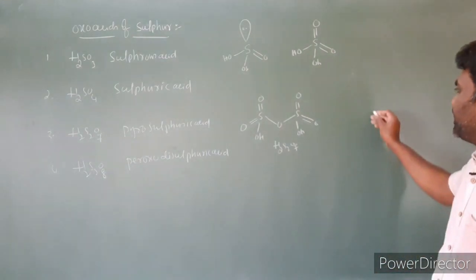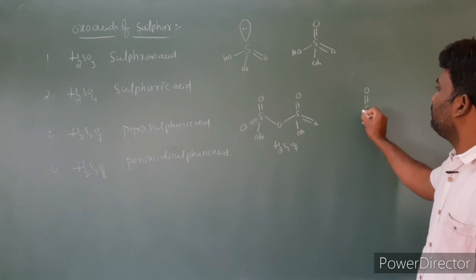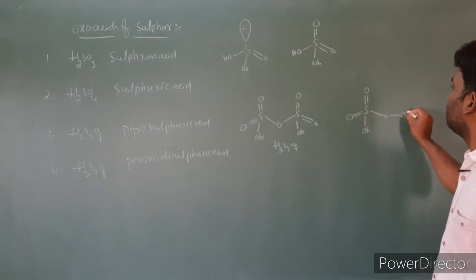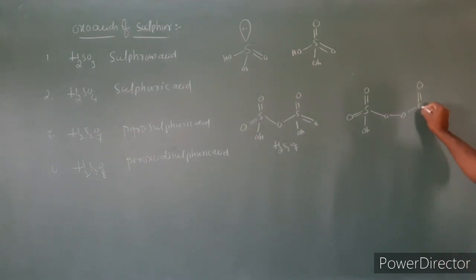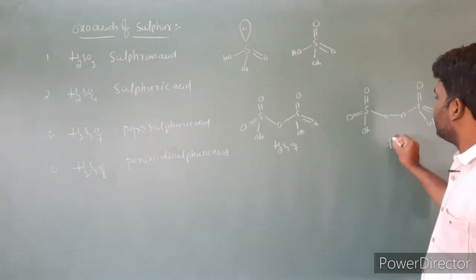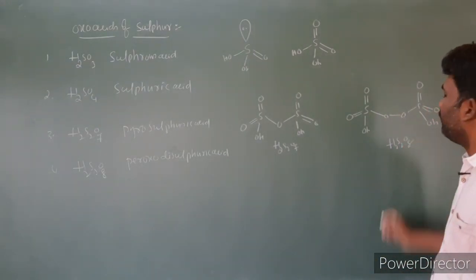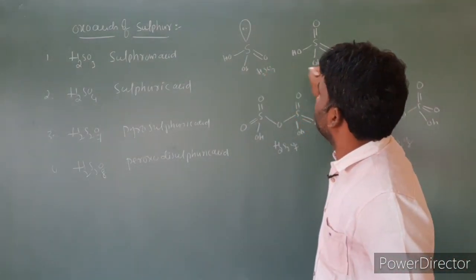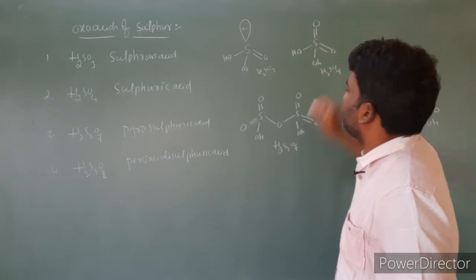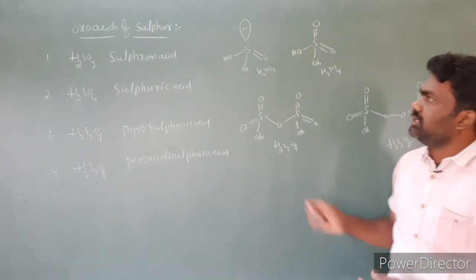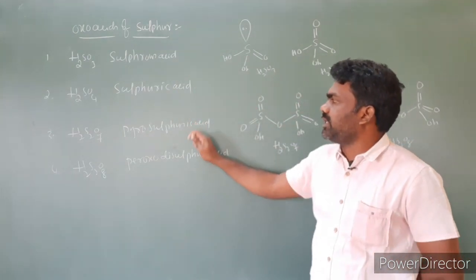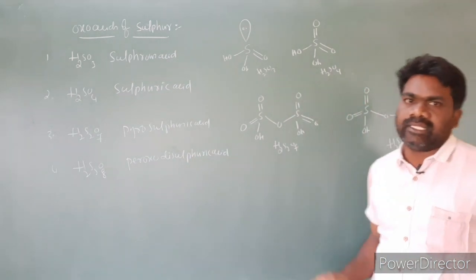Next, H2S2O8, peroxodisulfuric acid. This is the structure of H2S2O8. So these are some important oxo acids of sulfur: sulfurous acid, sulfuric acid, pyrosulfuric acid, peroxodisulfuric acid, and their structures.